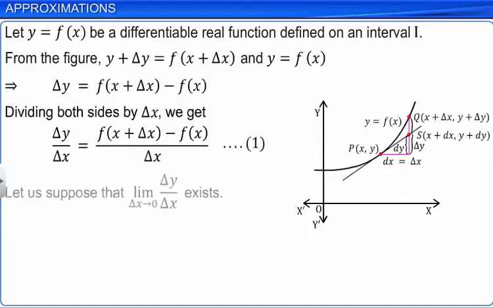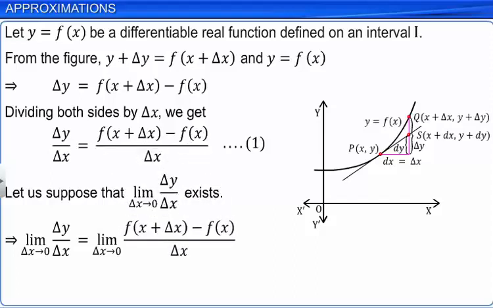Assume that the limit of delta y upon delta x exists as delta x tends to 0. So, applying limits on both the sides of equation 1, we get the limit of delta y upon delta x as delta x tends to 0 is equal to the limit of f of x plus delta x minus f of x, whole divided by delta x, as delta x tends to 0, using first principles.